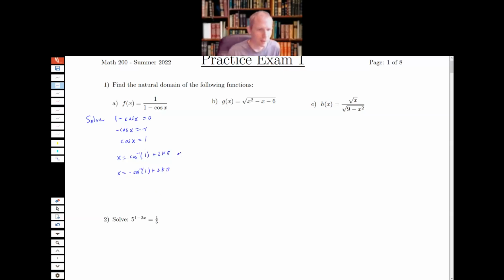Okay, cosine inverse of 1 is 0. Okay, and the opposite of 0 is also 0, so we just end up with x equals 2k pi, where k is any integer. Okay, so my domain is that x cannot be those values.